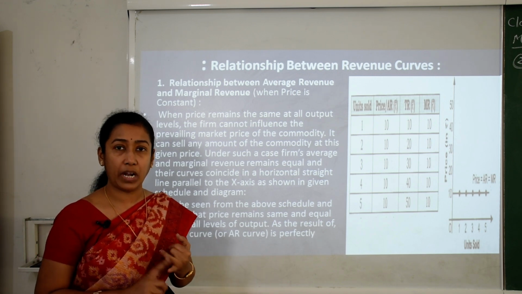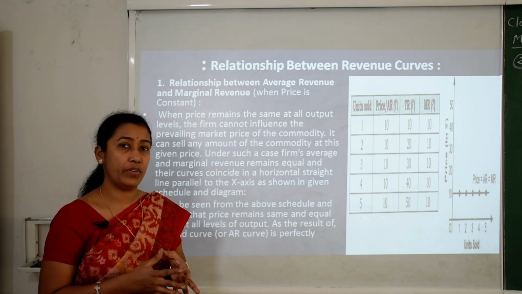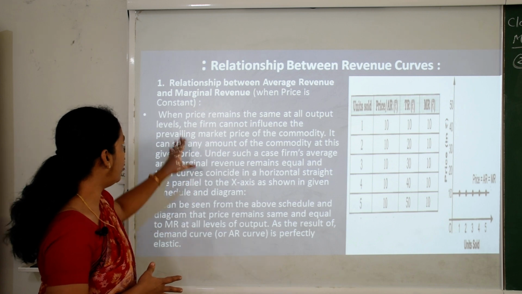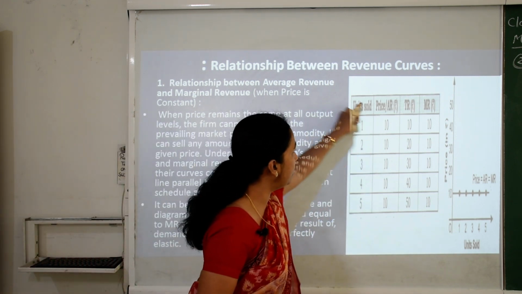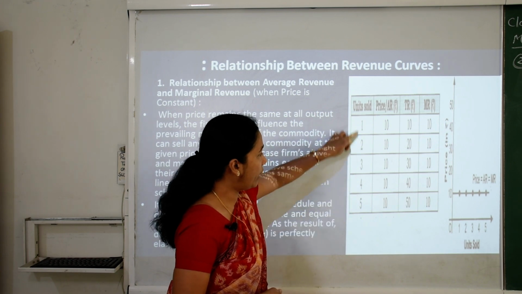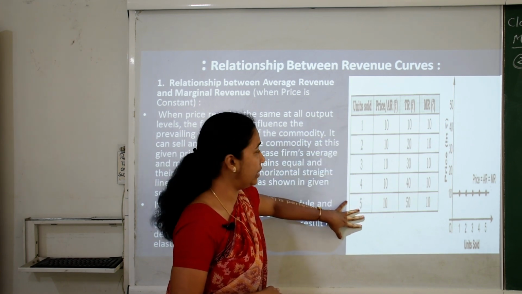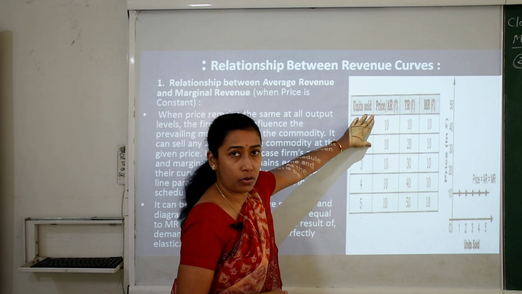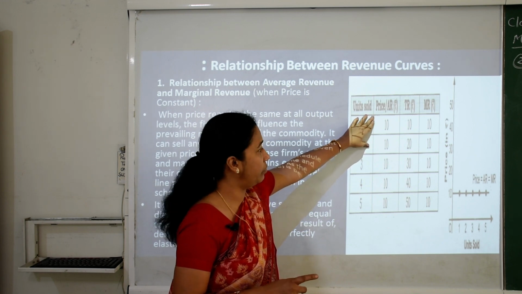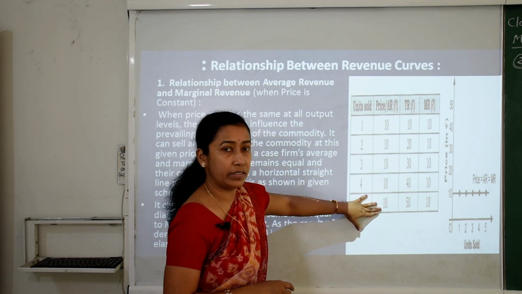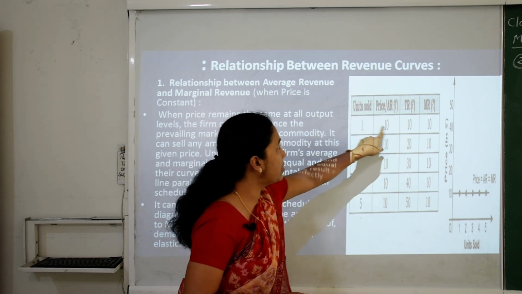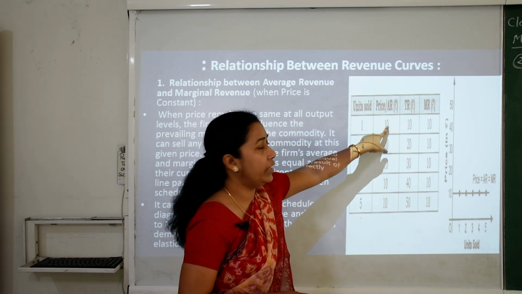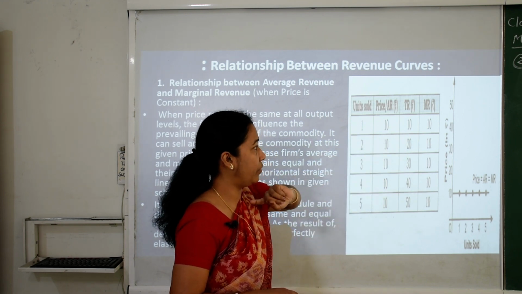When price remains the same at all levels of output, as you can see, these are the units sold: 1, 2, 3, 4 and 5 units in total. So, price, or we can call it average revenue, both are the same because price is constant, that is 10 rupees per unit. Total revenue is obtained by multiplying quantity into price.